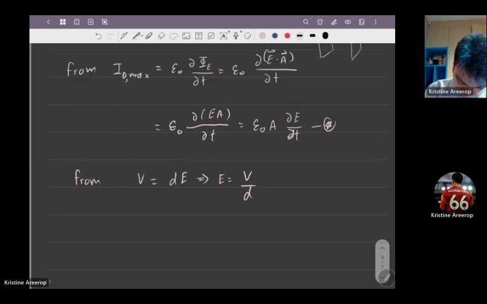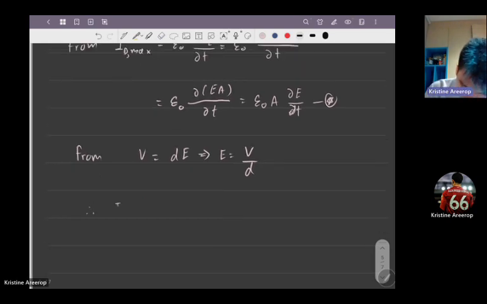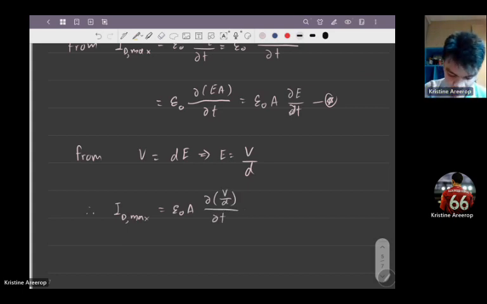Then the maximum displacement induced current equals epsilon 0 A partial derivative of V by d by dt.